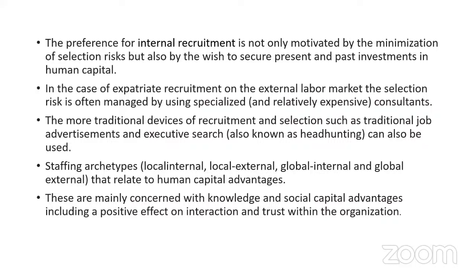In the case of expatriate recruitment on the external labor market, the selection risk is often managed by using specialized consultants. The more traditional devices of recruitment and selection, such as traditional job advertisements and executive search, can also be used.